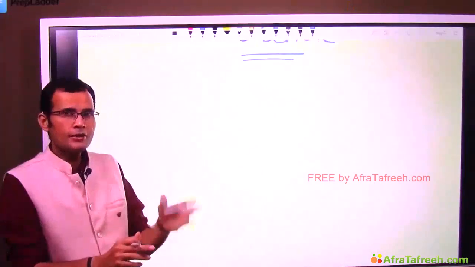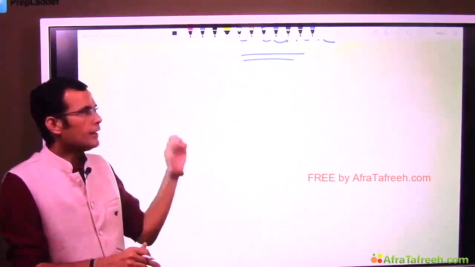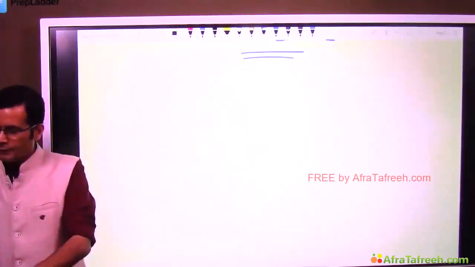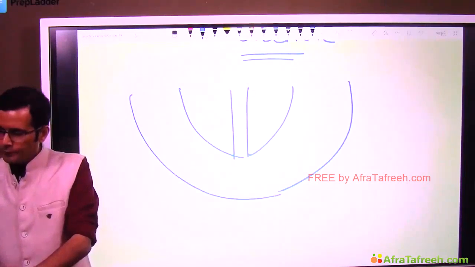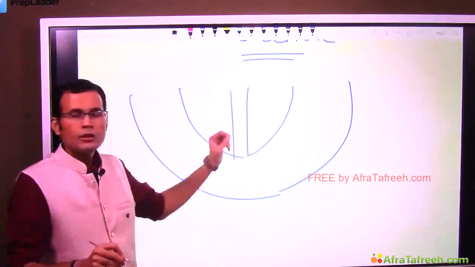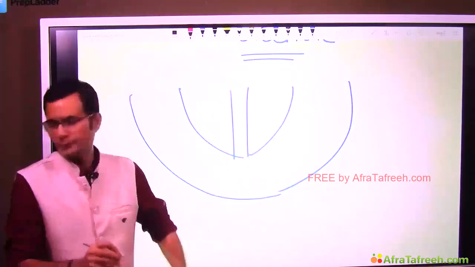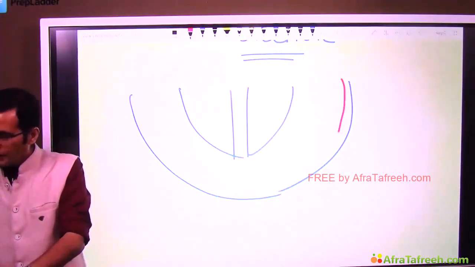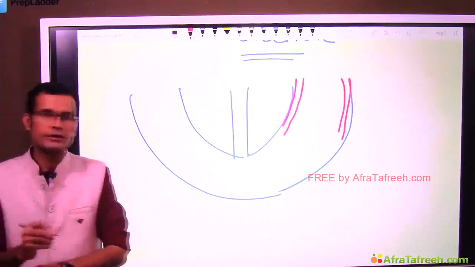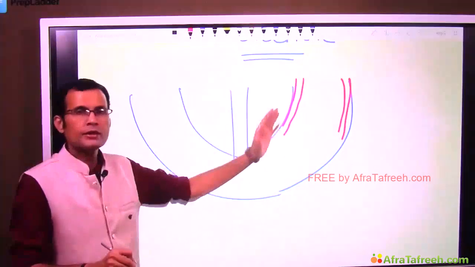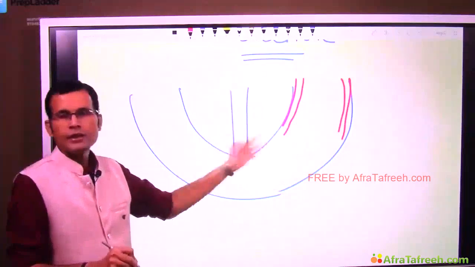Well, this is a generalized statement, but let's make a distinction in this as well. Let's understand that there are two types of blood vessels: the epicardial coronary vessels and the endocardial coronary vessels. Vessels in the outer wall, vessels in the inner wall.